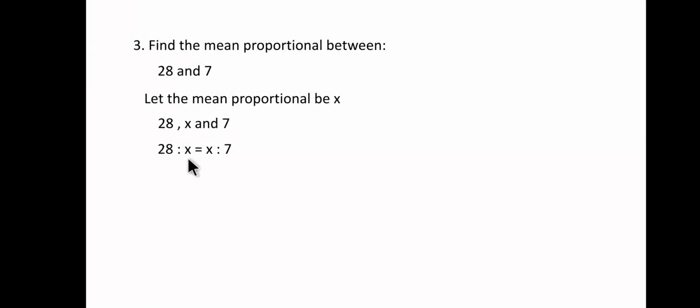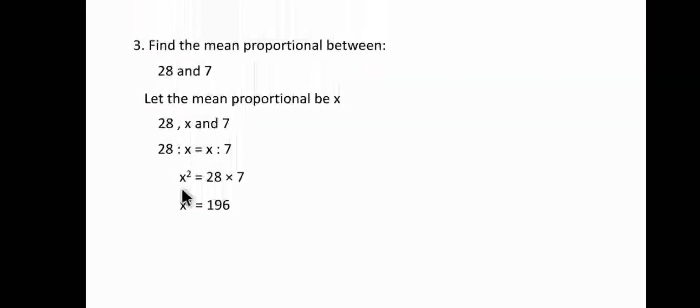As we have learned, x into x becomes x squared, and 28 into 7 is multiplied. So 28 into 7, in the next step, gives the result 196. Since we have to find the value of x, it's not the x squared value we need.